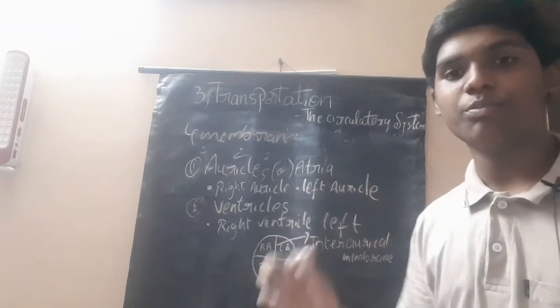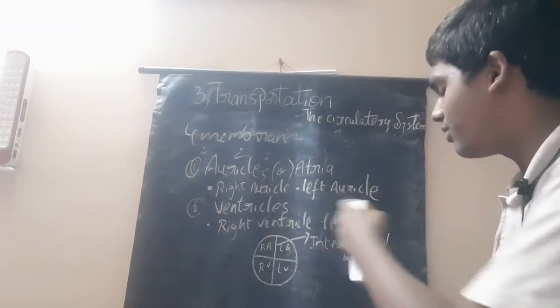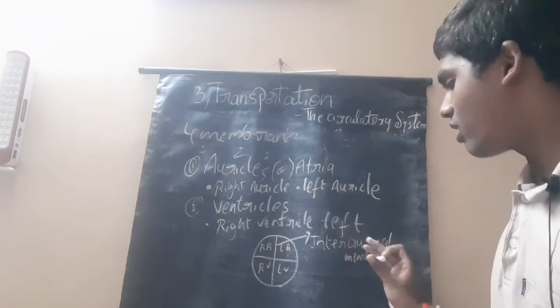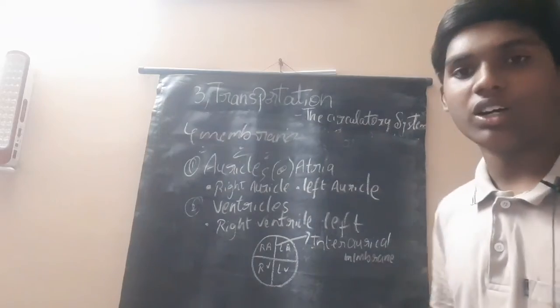The muscular septum which divides the upper chamber of the heart into the right auricle and left auricle is called the interauricular membrane.